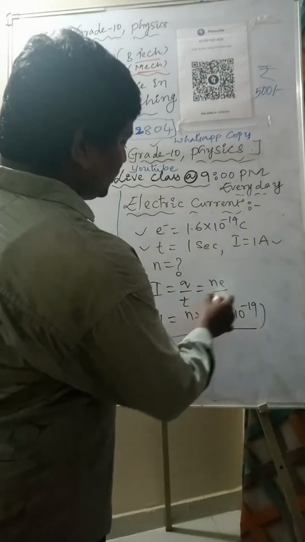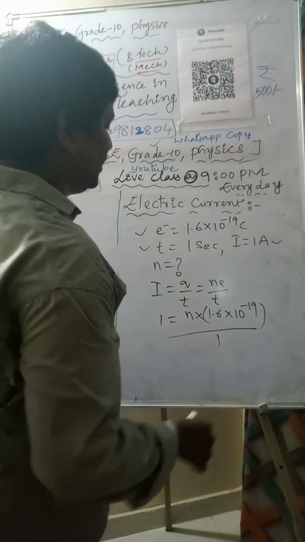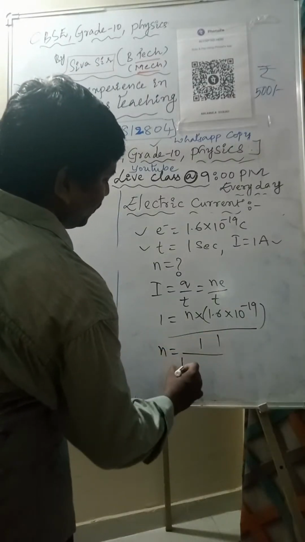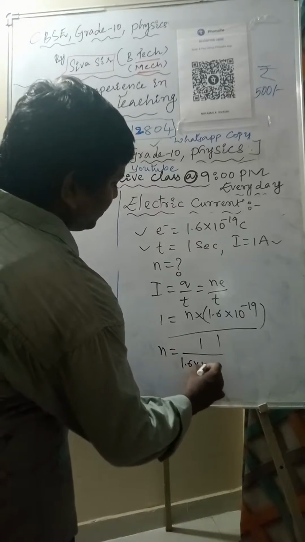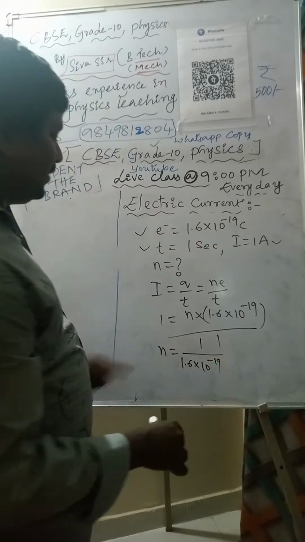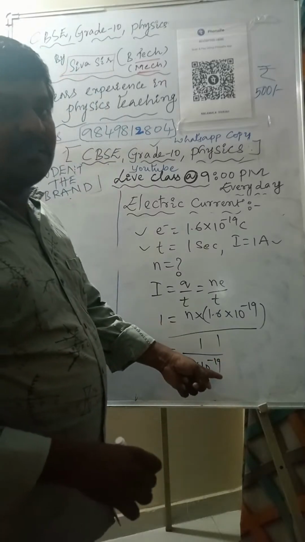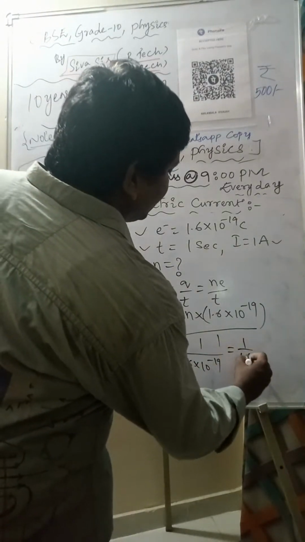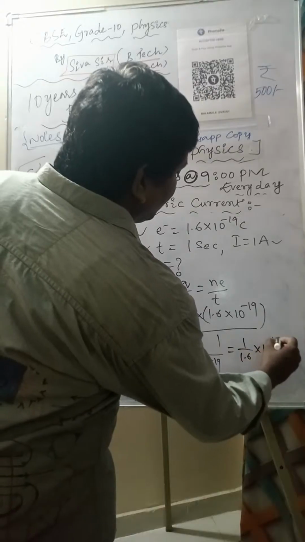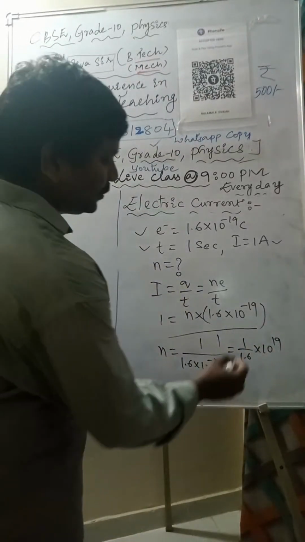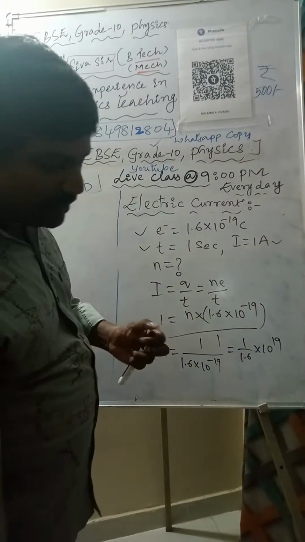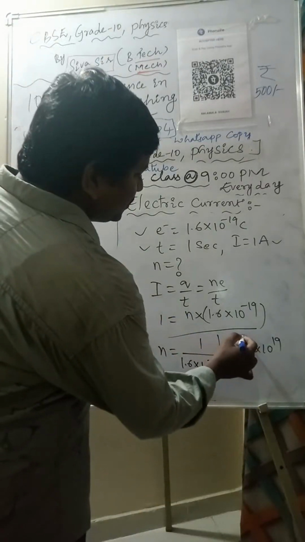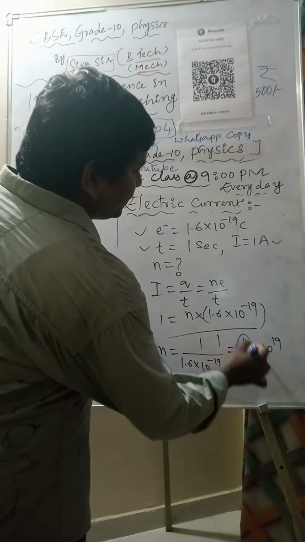Now N equal to 1 by 1.6 into 10 power 19. If you solve 1 by 1.6, try to solve this question.